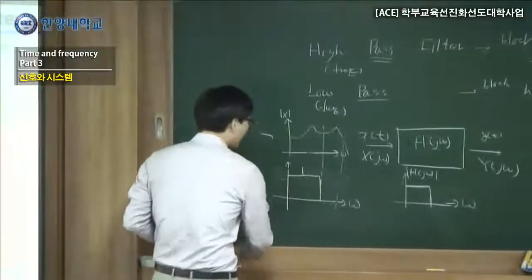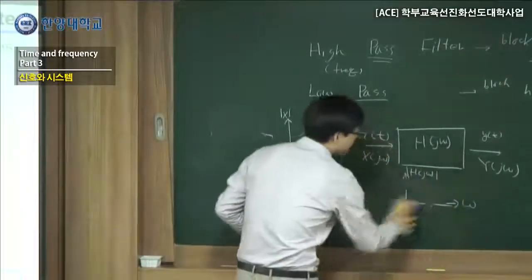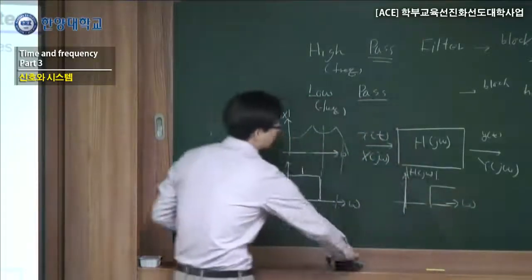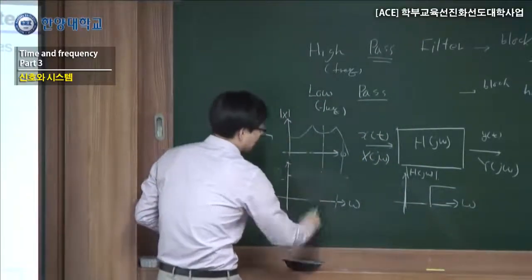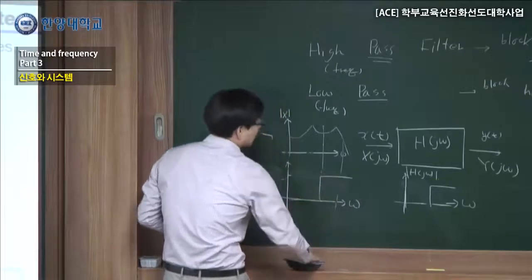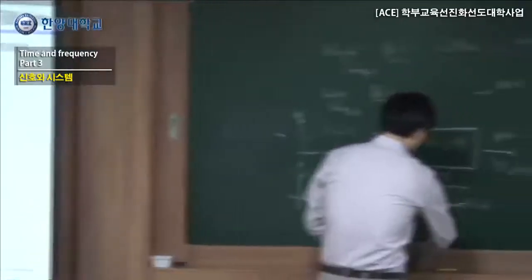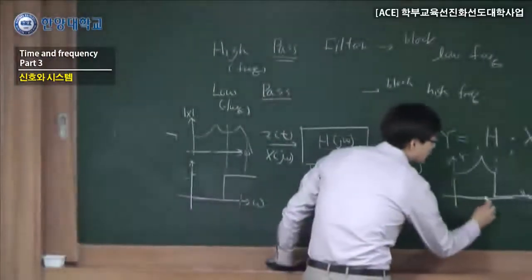Likewise, if you happen to have a high pass filter like this, from 0 to this frequency, there will be 0. So from 0 to here, there will be 0.